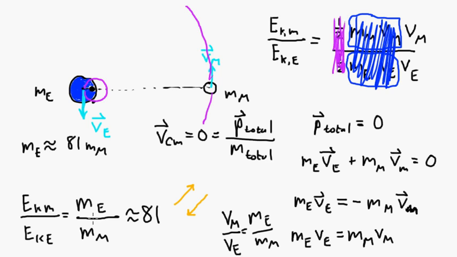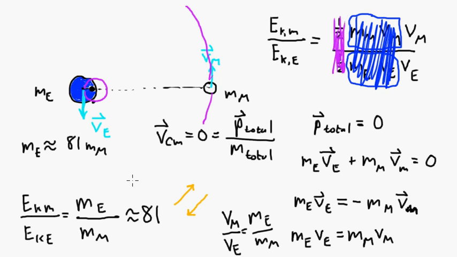So the Sun and Jupiter both orbit the center of mass of the Sun-Jupiter system, and the rest of the planets are just along for the ride. What's useful to know there is that the Sun has 99.9% of the mass of the solar system, but Jupiter has almost all the kinetic energy of the solar system, because Jupiter has to move a whole lot faster in order to have the same momentum as the Sun.